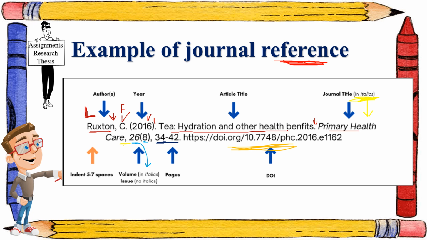And one very important thing that I skipped, this is the space. So you have to leave the space here while writing the next line. So how you will leave the space: first hit the enter button, and then hit the space button 5 to 6 times or 5 to 7 times.